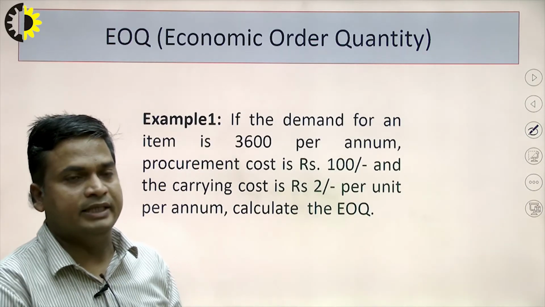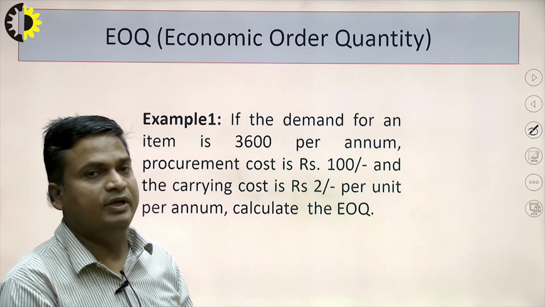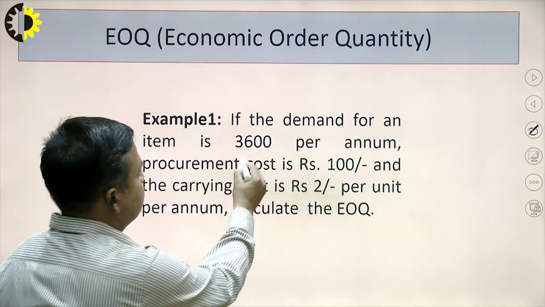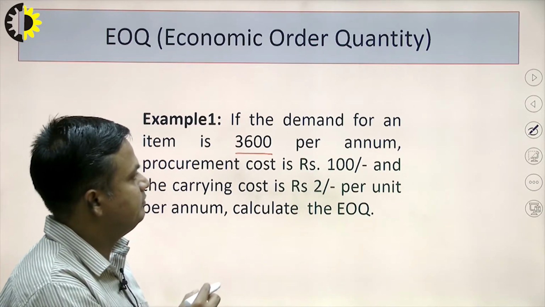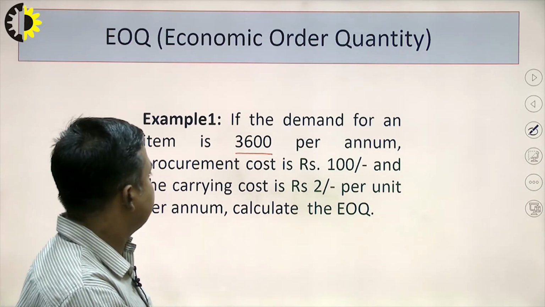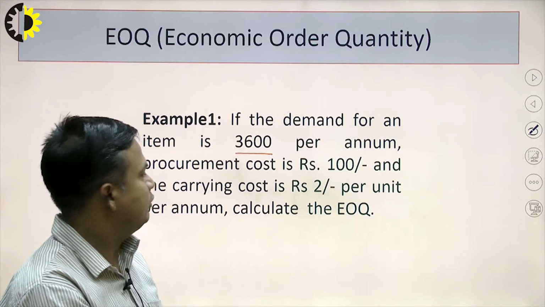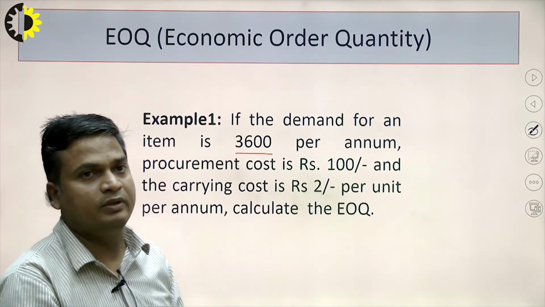Now, we can solve the problems. So, first example 1, if the demand for an item is 3600 per annum, procurement cost is rupees 100, procurement cost is the ordering cost, and the carrying cost is rupees 2 per unit per annum. Calculate the EOQ, that is economic order quantity.